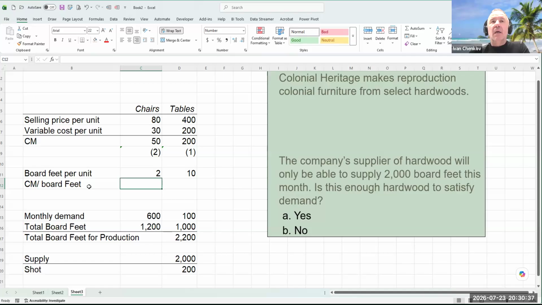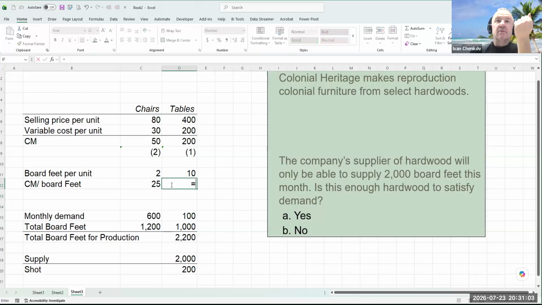And if I need 2 board feet to produce one chair, my contribution margin for one board foot will be $50 divided by 2. Or for the chairs, my contribution margin is $25 per board foot.